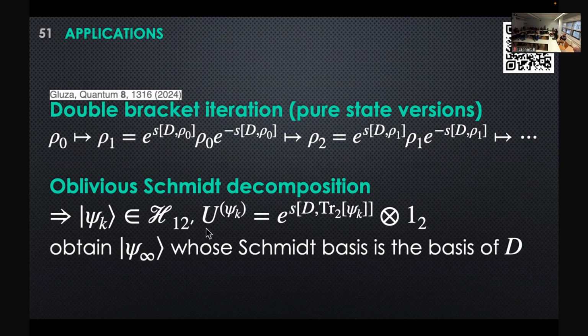And this is the same as diagonalizing the reduced state of this pure entangled state. So we use the double bracket iteration to do that and obtain this psi infinity whose Schmidt basis is in the basis of D. And this is nice because our states are pure and we can use the more efficient version of QDP.